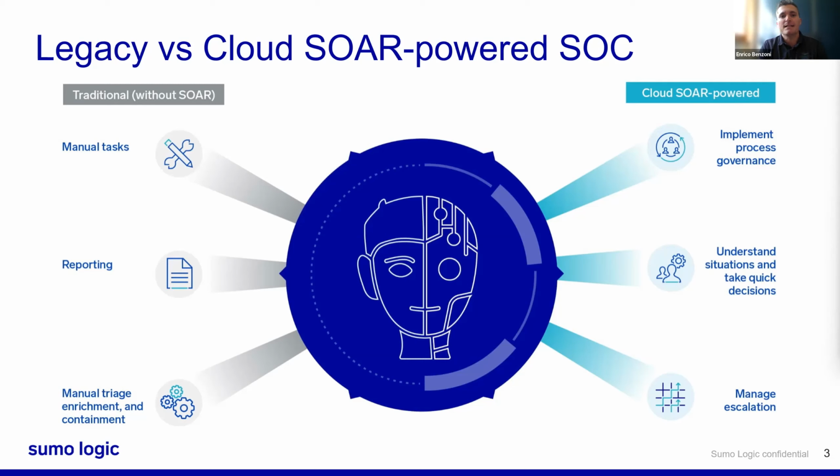You can add as many additional controls as you want because you boost the automation, and you can take insightful decisions. You can activate the containment, and you can create automatic reports. So you will focus the attention and implement process governance in understanding the situation and taking the decisions.